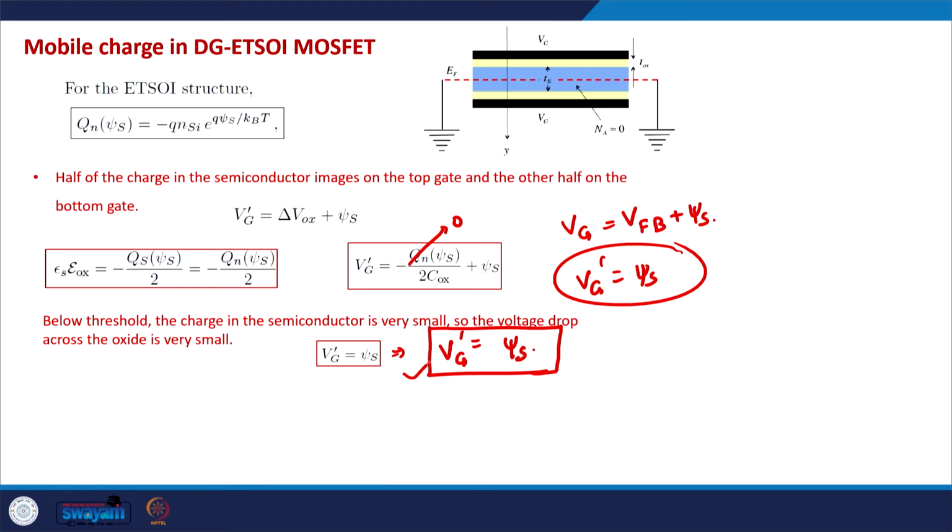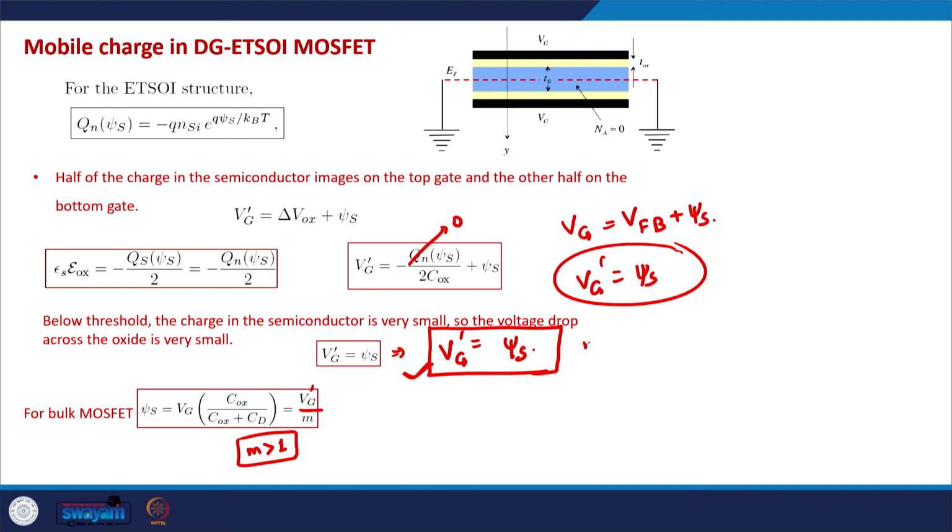And that's an important relationship, because in bulk MOSFETs psi s is equal to Vg prime by m, where m is always greater than 1. We try to bring m as close to 1 as possible, but we cannot do it all the time. But in DG-ETSOI MOSFET, naturally m is equal to 1, and that's why psi s is equal to Vg prime.